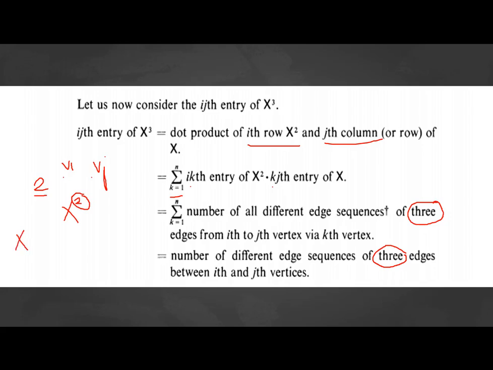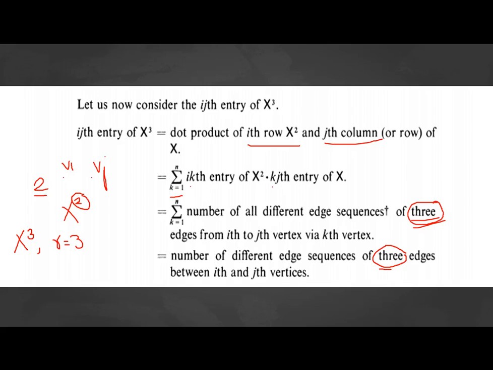Here we are considering X cube, so our power is 3, hence we are going to find edge sequences of 3 edges here. So that means the number of edges in the edge sequences we are going to be considering will be equal to the power of the adjacency matrix which we are considering.